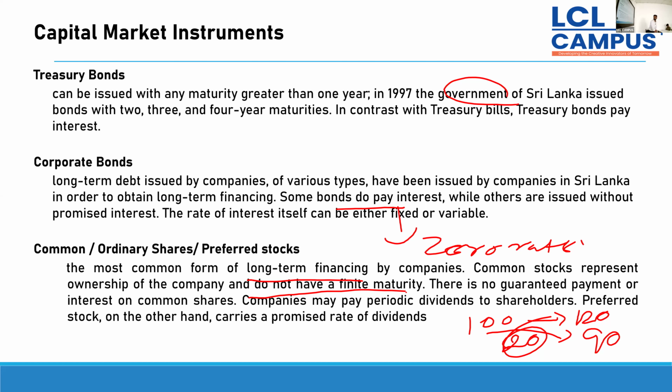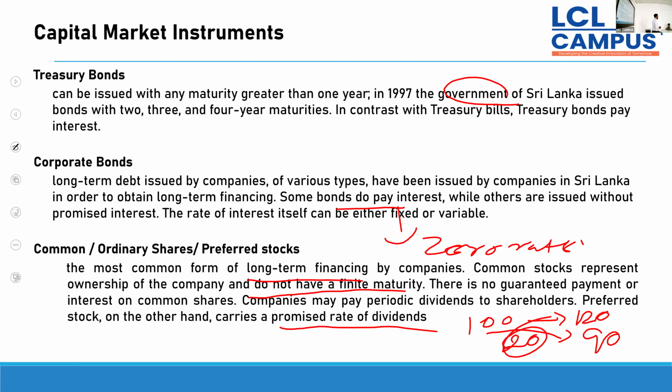If you invest in the preference shares, it is an obligation to pay the dividend first to you. Clear? Right. There is no guaranteed payment or interest on common shares, as we discussed now, right? Companies may pay periodic dividends to shareholders. Preferred stock, on the other hand, carries a promised rate of dividend, as we discussed. For the common shares or the ordinary shares, you don't have the promised dividend payment.